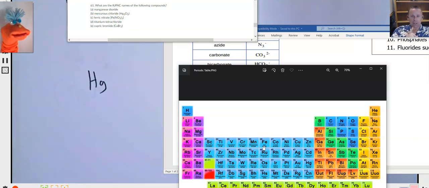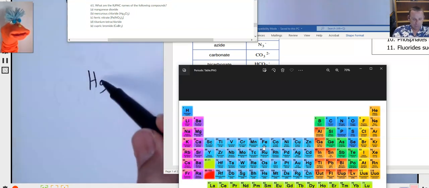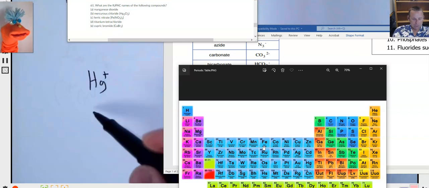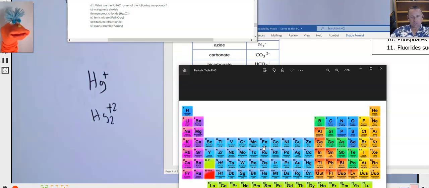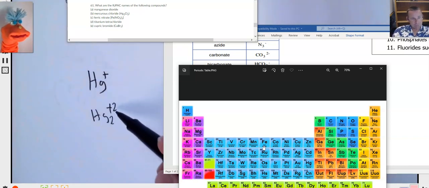The mercury ion can either come as a Hg plus or an Hg2 with a +2 charge. Kind of interesting, kind of molecular in nature. You'll notice that there's lots of exceptions all over the board when it comes to chemistry, and this is one of them.